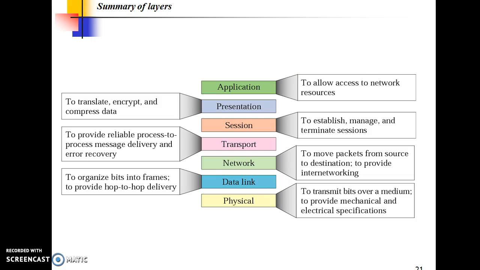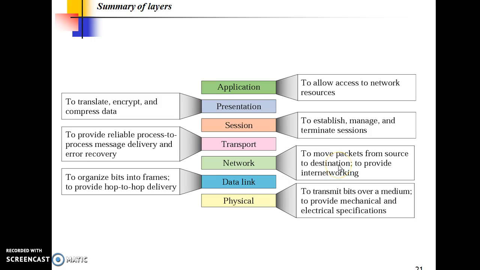So the overall summary of these layers is: the application layer is used for allowing access to network resources. The presentation layer is used for translation, encryption and compression of data. The session layer's main function is establishing, managing and terminating sessions. The transport layer is responsible for process to process message delivery.